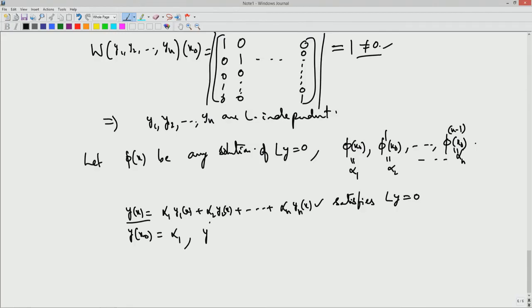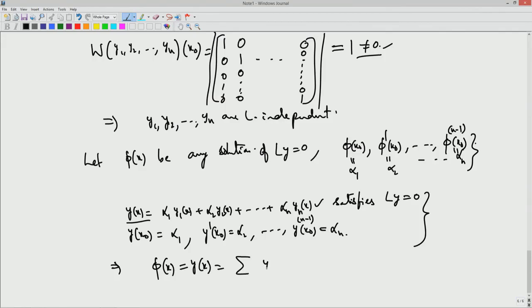So, y dash at x naught will be alpha 2. Like that, the n minus 1th derivative at x naught will be alpha n. So, you have two solutions, y and phi, having the same initial values. That implies any solution phi should be your y of x, that is actually a linear combination of your yi with alpha i, i from 1 to n.